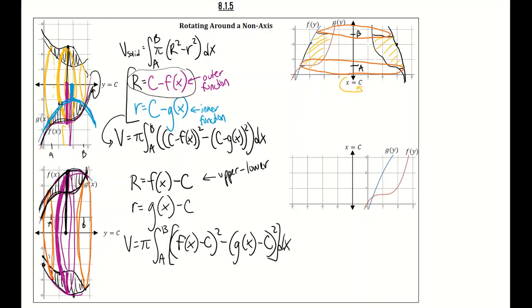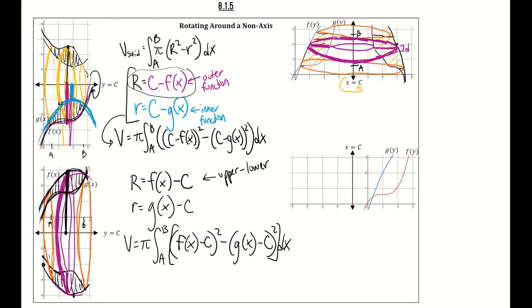My representative rectangle: again, this is going to be washers that are stacked on top of one another. This is not going to be where they are next to each other. And because of that, the thickness is dy, not dx. The thickness of that disk is dy.